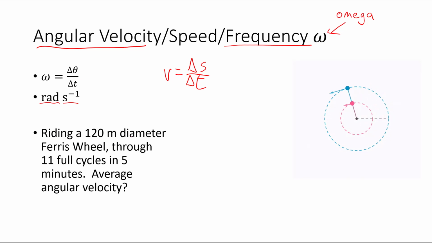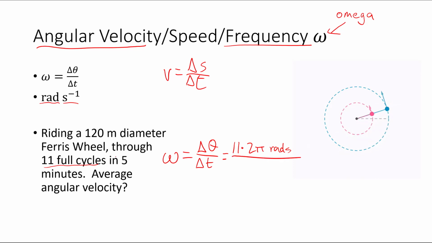And it's pretty straightforward to calculate change in angle over time. So if we're riding a 120-meter diameter Ferris wheel through 11 full cycles in 5 minutes, what is our average angular speed? Well, our angular speed omega is just the angle that we go through in radians over time. We went through 11 full cycles, and a cycle is 2 pi radians, so it's 11 times 2 pi radians.